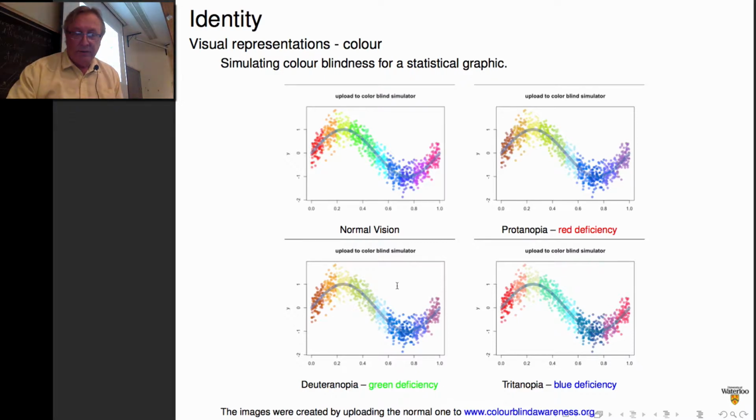So the red and the green look kind of alike, but they're slightly different in what they wipe out, and the blue deficiency looks quite different. So if you think you're presenting this and somebody's only seeing this, well, they're not seeing too much distinction between these middle groups, for example. So again, for a visualization, it's really essential that you check this against a colorblind system.